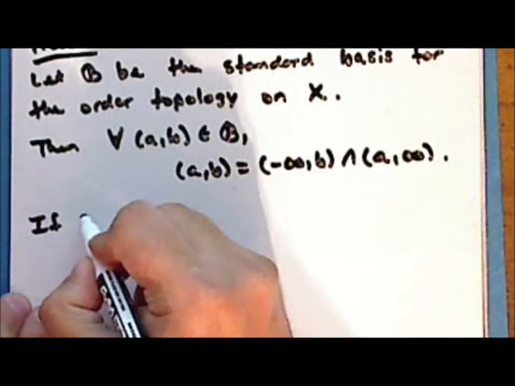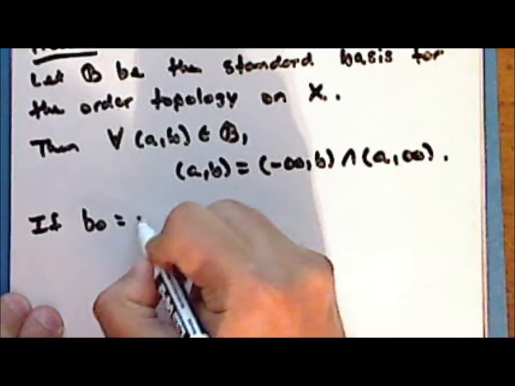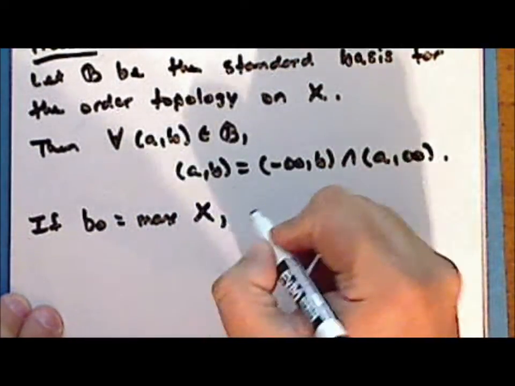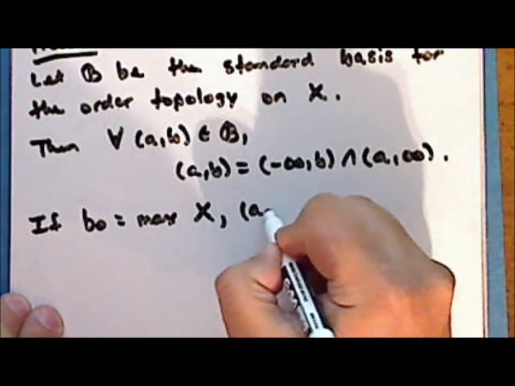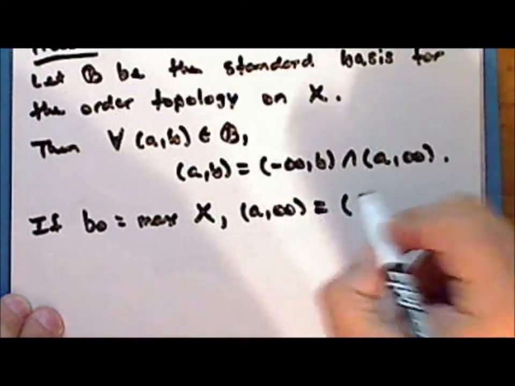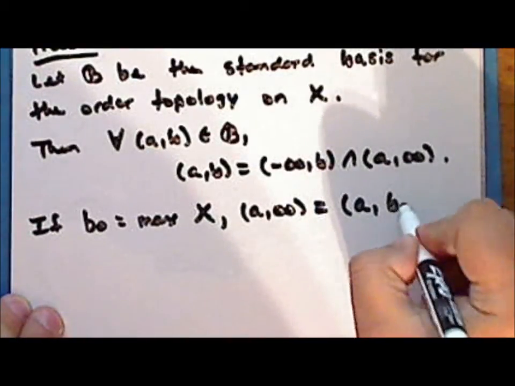Now, if B sub naught is the greatest element of the set X, then the open ray from A to positive infinity is the half open interval from A to B sub naught.